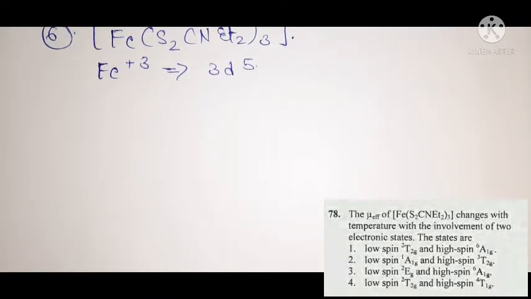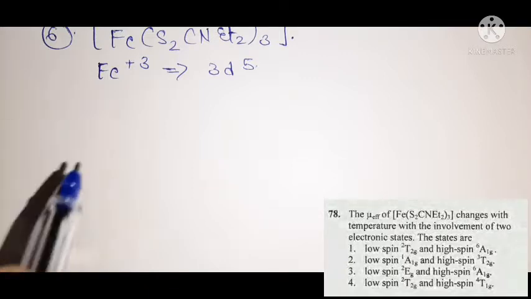Okay, and for 3d5 electronic configuration, we know very well that we have two conditions, that is 3d5 low spin condition and 3d5 high spin condition, and you must find the electronic terms associated with this high spin state and low spin state.